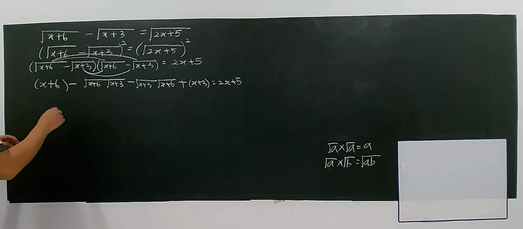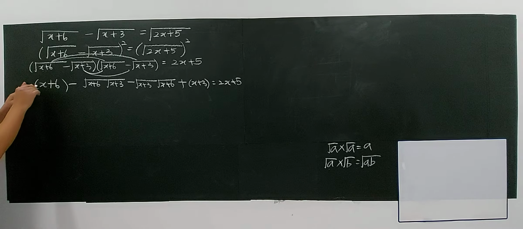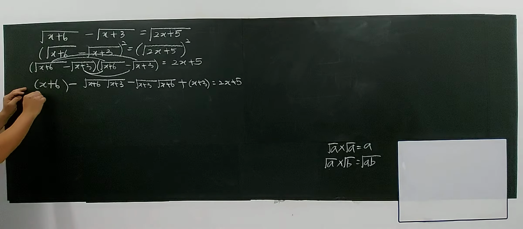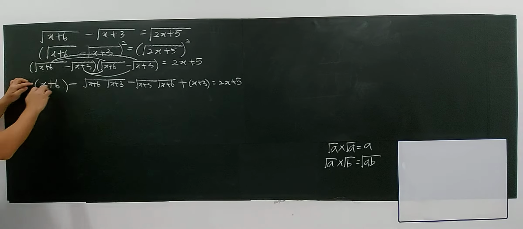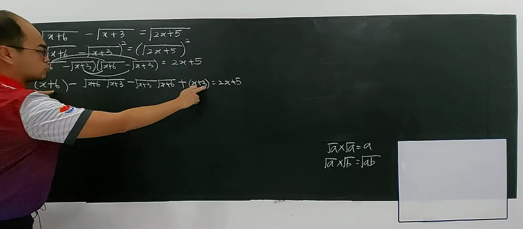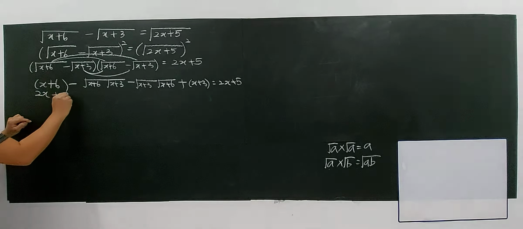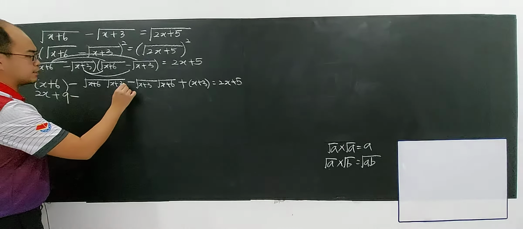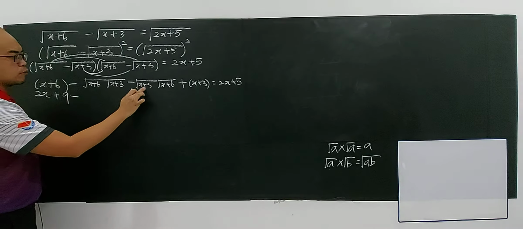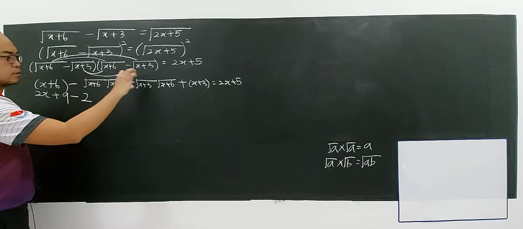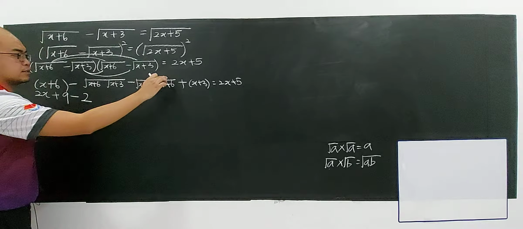Now you will see that we have x plus x, right? X plus x, you have 2x. 6 plus 3, you have 9, right? And these two are actually identical: square root of a times b, and square root of b times a. So you can combine it as 2 times, because it's just like a times x.